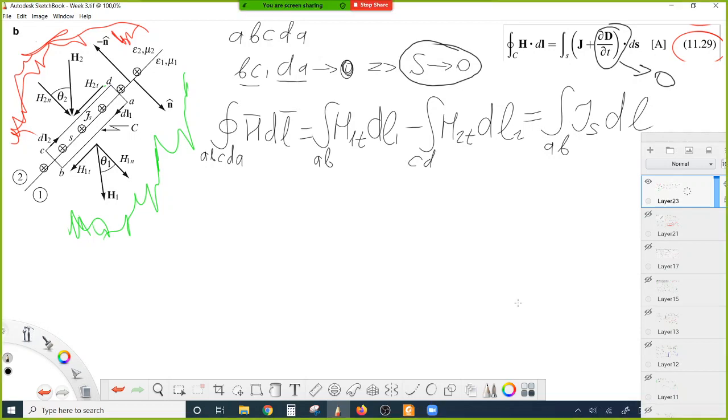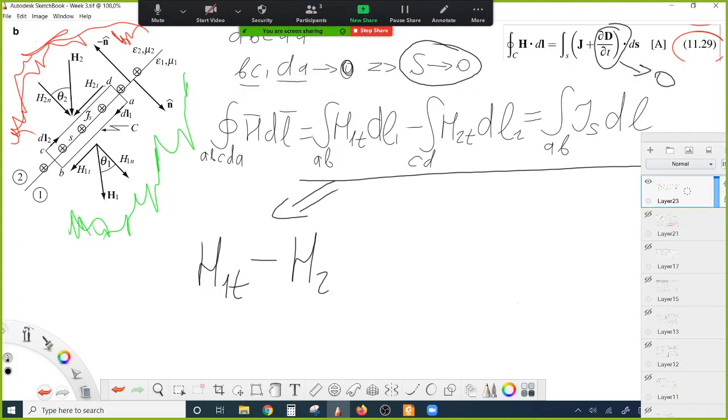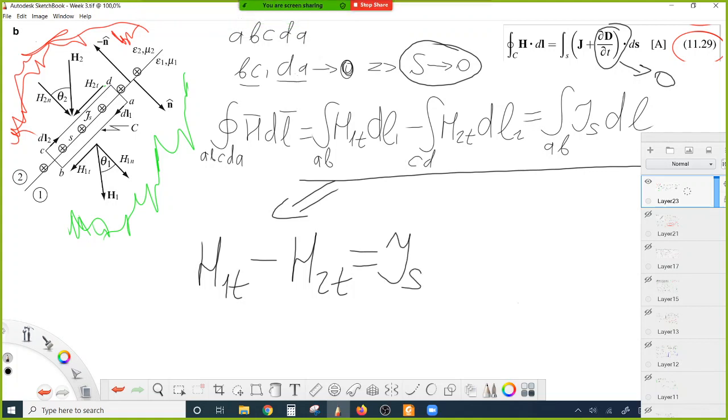Choosing AB equal to CD, from this we have H1 tangential minus H2 tangential equals Js.